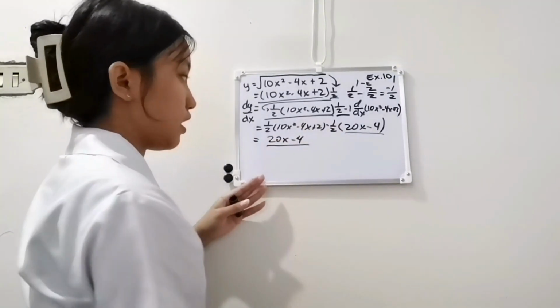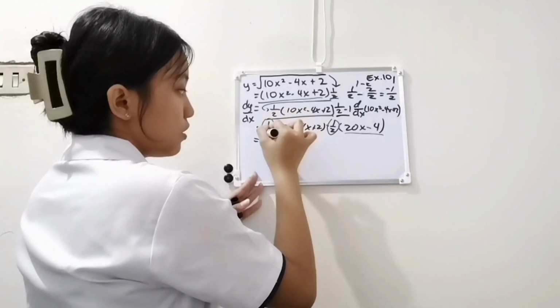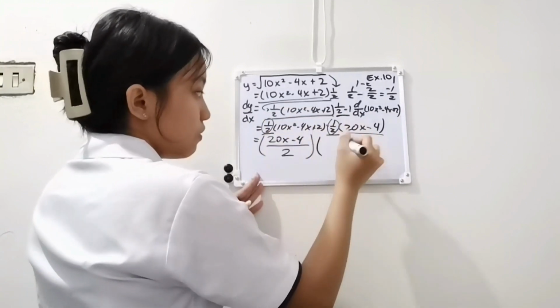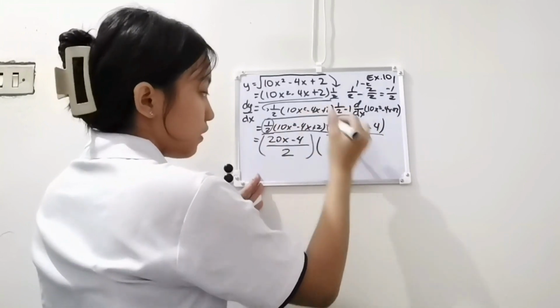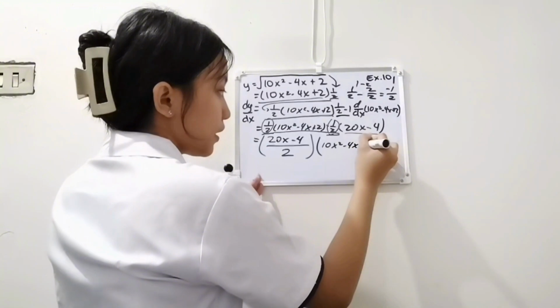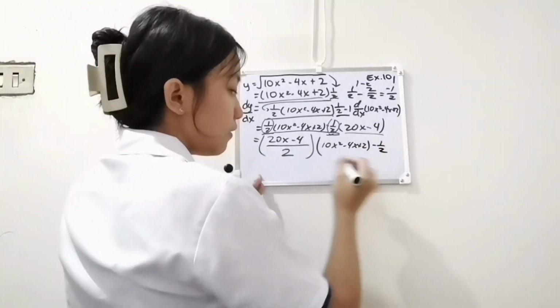And for our denominator, you can see right here, it is 2. We put parentheses for our given, 10x squared minus 4x plus 2, raised to negative 1/2.